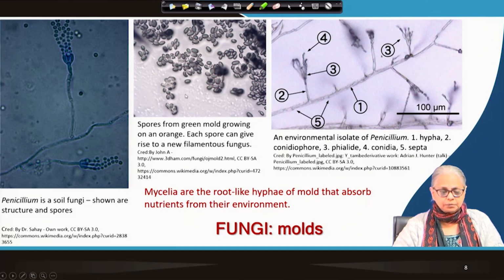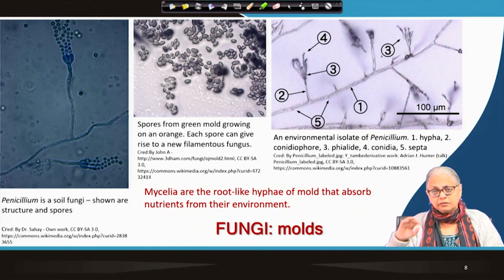This is a good micrograph of spores from green mold that is growing on an orange, on a fruit. And green mold is very common, especially in our country where you have damp conditions when it's warm, and like I said, all it needs is warmth and humidity, and in general fungi can grow anywhere and everywhere.